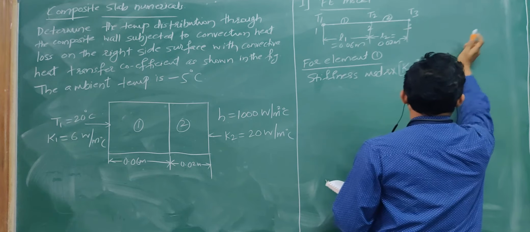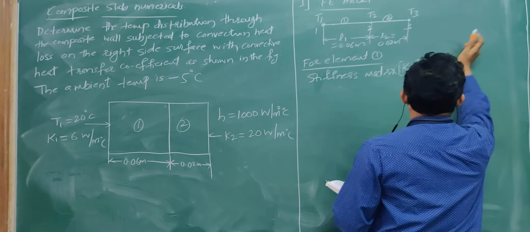If I substitute the values, K1 is 6 watt per meter degree centigrade. As this is a pure case of a one dimensional element, we take the area of the given element as 1 unit.